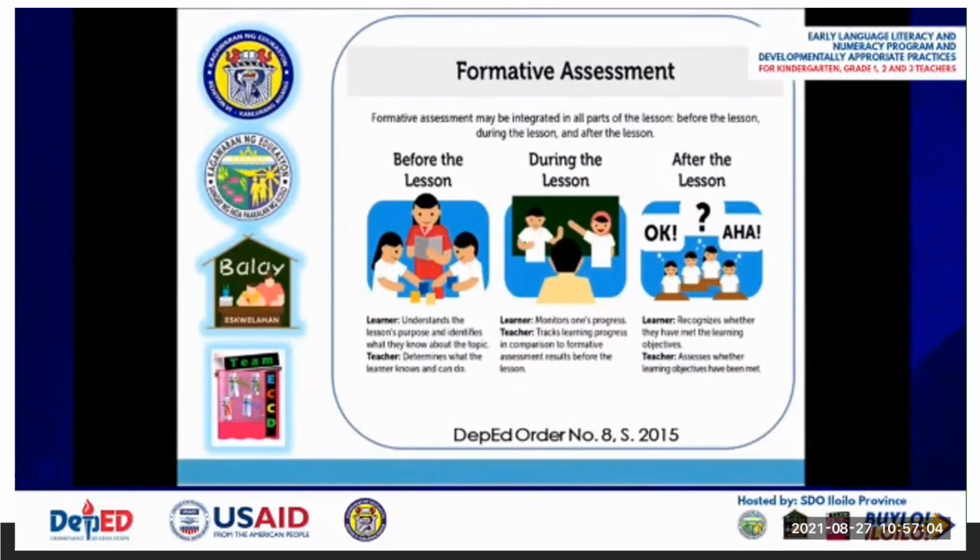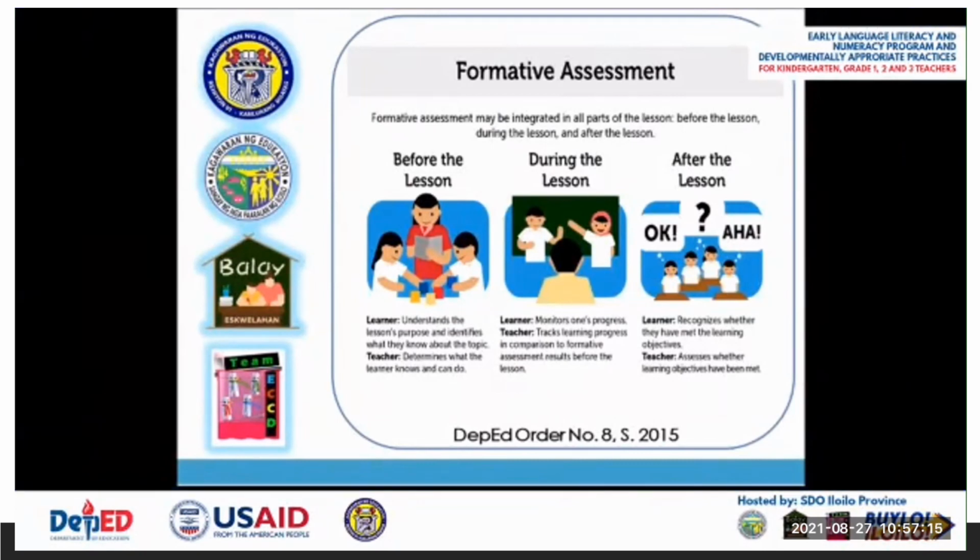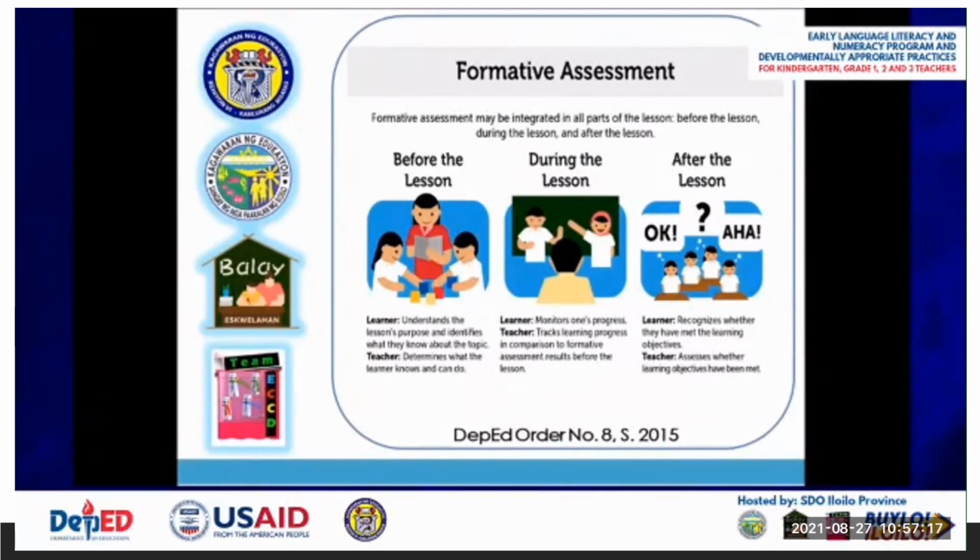Formative assessment may be integrated in all parts of the lesson. Before the lesson, the learner understands the lesson's purpose and identifies what they know about the topic. The teacher determines what the learner knows and can do. During the lesson, the learner monitors one's progress.